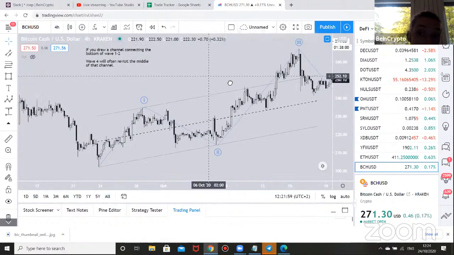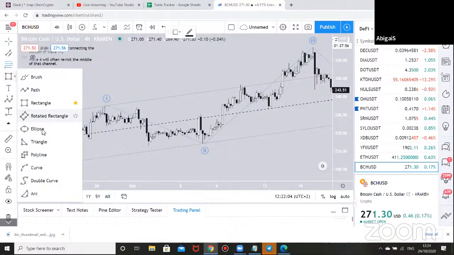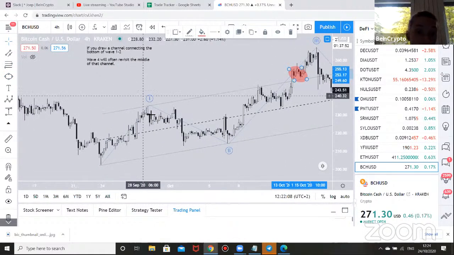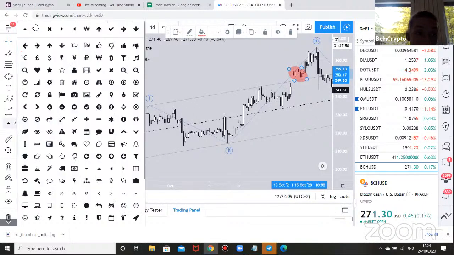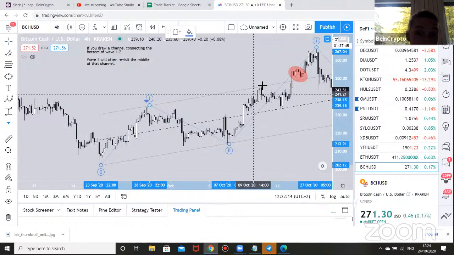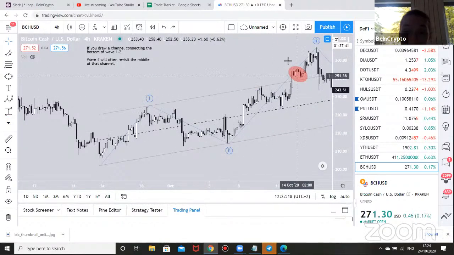So first of all, this is the breakout level. So here you know that this is probably an impulse, right? Now the resistance line of the channel was touched once here, just touched again here when the price broke out.